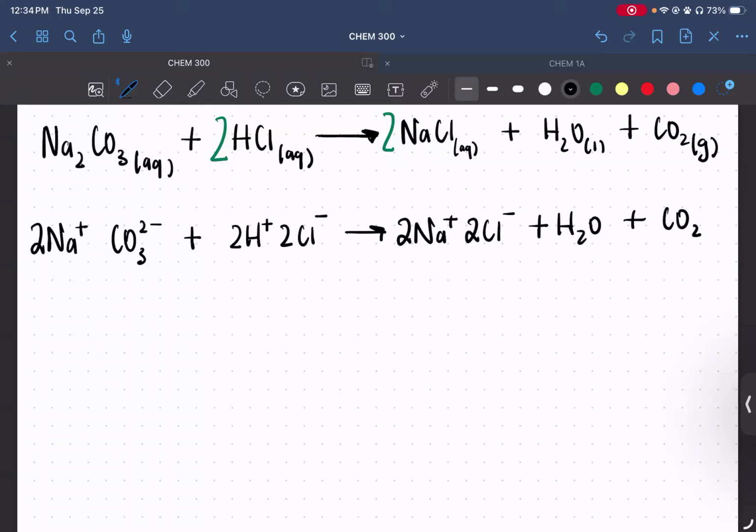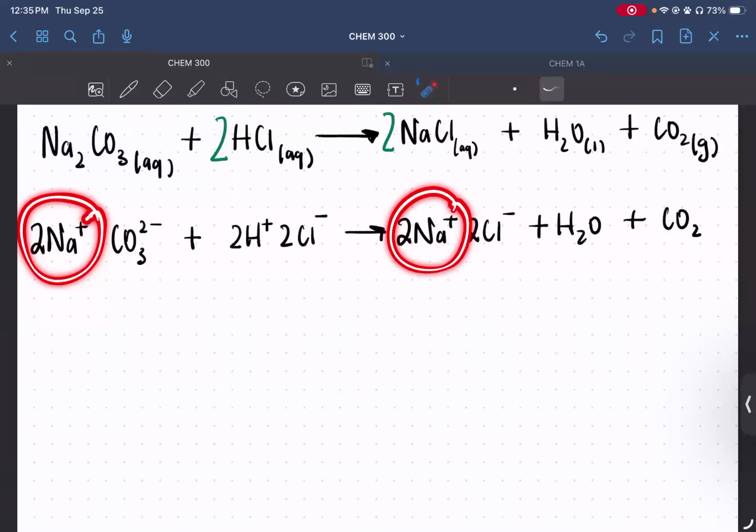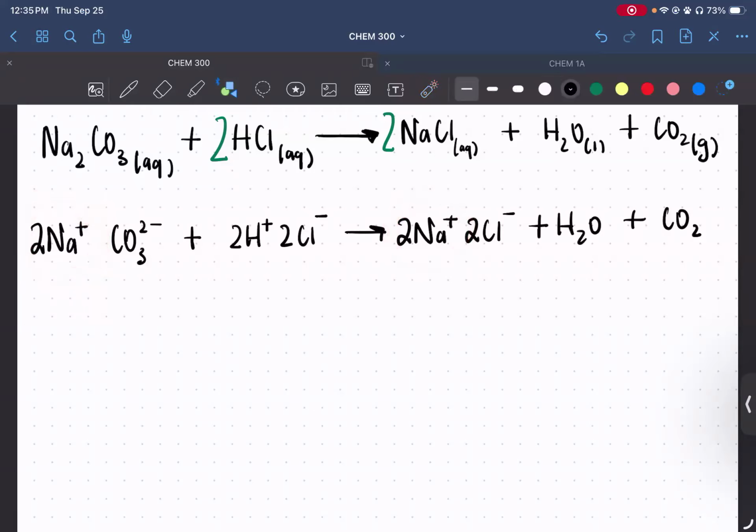Now that I have the complete ionic equation, I'm going to go piece by piece to identify what has and has not changed. Even though the aqueous symbol is no longer there, I can identify what has changed based on the charges. We see sodium plus on the left. We see sodium plus on the right. This stays the same. It is eliminated. We see CO3 2- on the left.